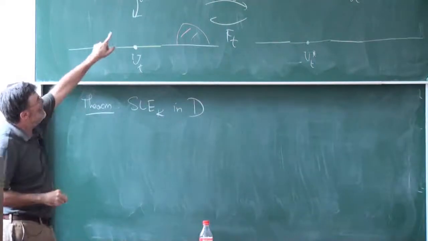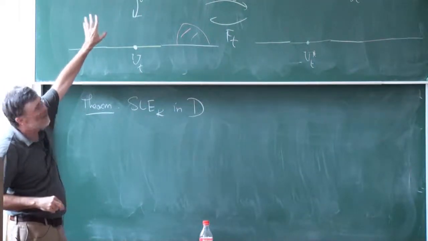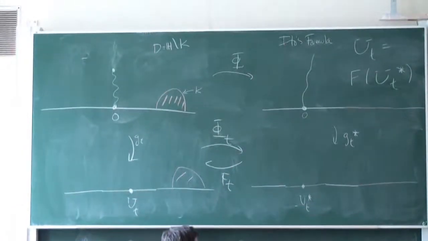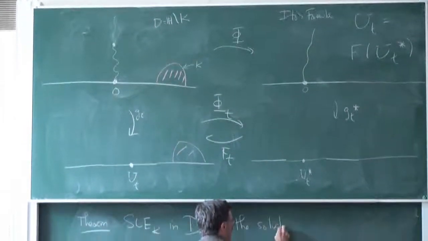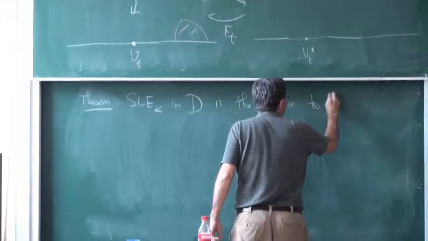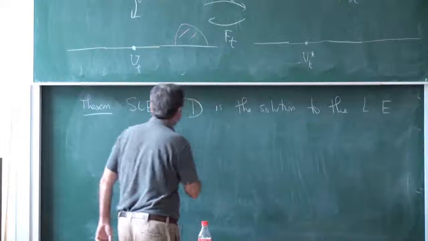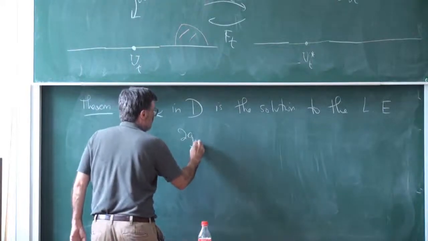SLE kappa in D, assuming D is of that form, is the solution to the Loewner equation. Let me rewrite the Loewner equation.